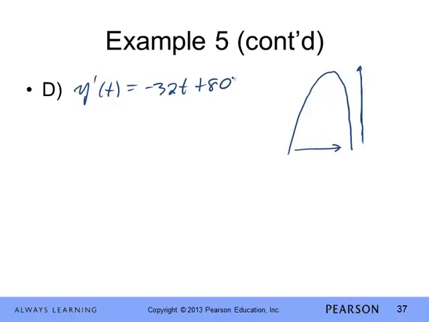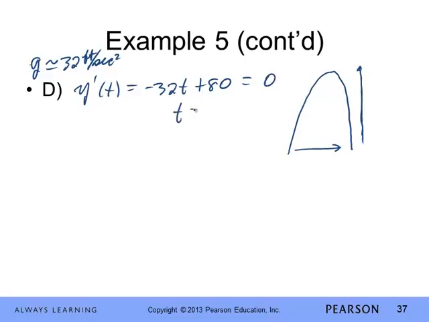Where did the negative 32 come from? Because we're using g to be approximately 32 feet per second squared as the acceleration due to gravity. Now, in some contexts, you could use 32.2. So then you set y prime equal to 0 and solve for t.